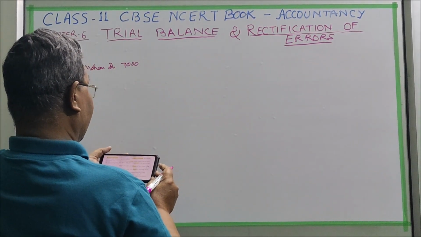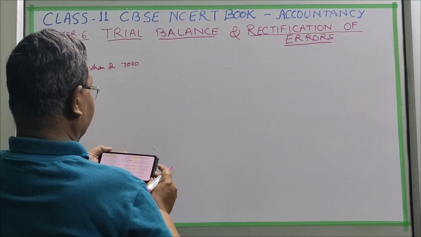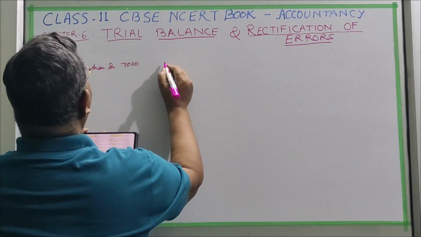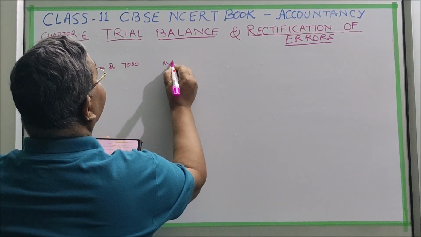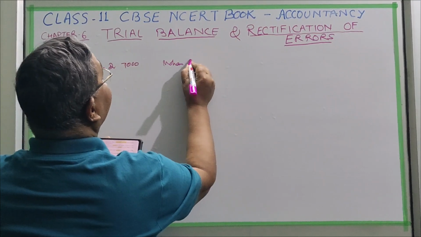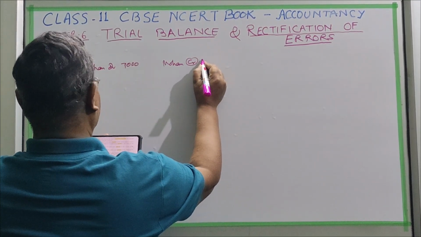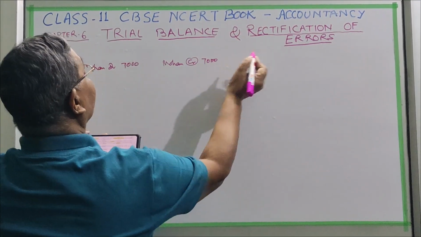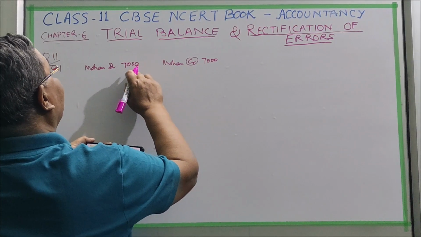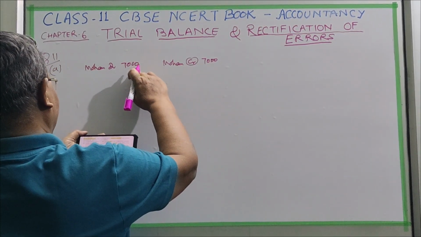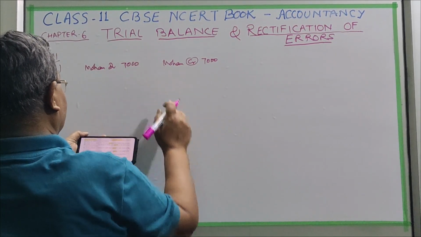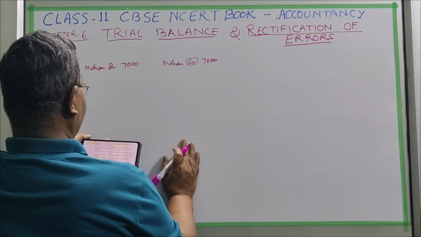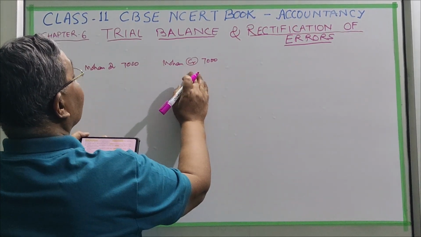Credit sales to Mohan posted to the credit of it, and we have done Mohan credit, Mohan credit we have done by rupees 7,000. So rectification means it should have been Mohan debit.